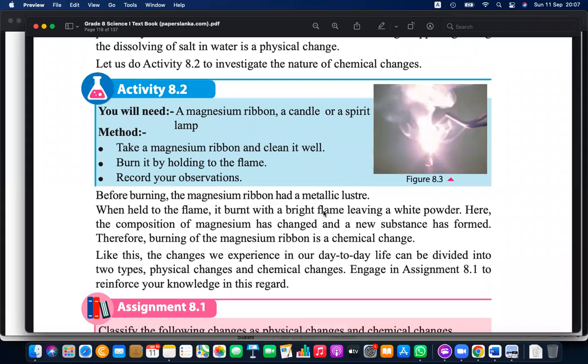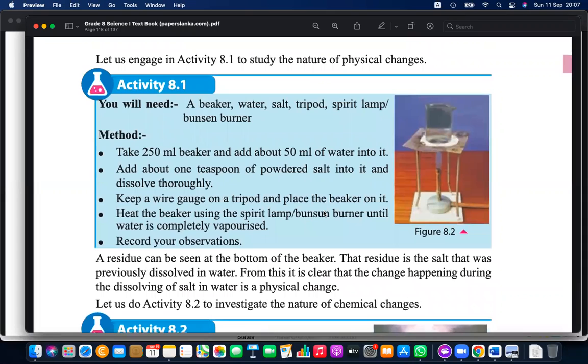You can see the magnesium ribbon. I think you have done this in your lab, maybe. What happens when you burn the magnesium ribbon using a Bunsen lamp? Don't just look at this, tell me. Any idea?